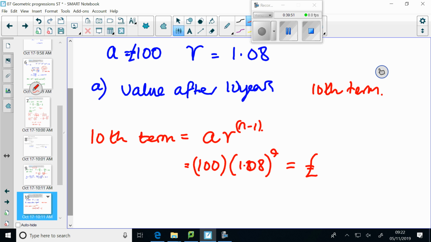After 10 years, what you've got to remember is that's £100 after 0 years. So you've got to look for the 11th term here. Can you see why? Yeah, because after 10 years that'll be the 11th term.